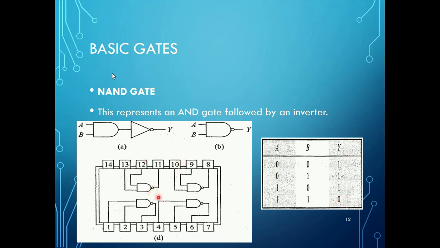So this is an IC representation for the NAND gate. 1, 2 are the inputs, output will be at the third point. 4 and 5 are the inputs, 6 is the output. So 4 and 5 we are giving 1, 1, the output at 6 will be 0, because you have connected a NAND gate. So it's a quad IC, four gates in one single IC.